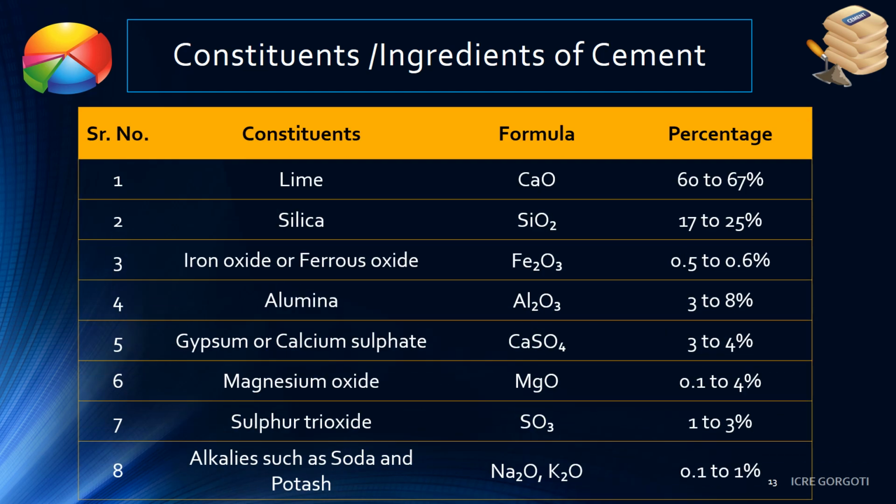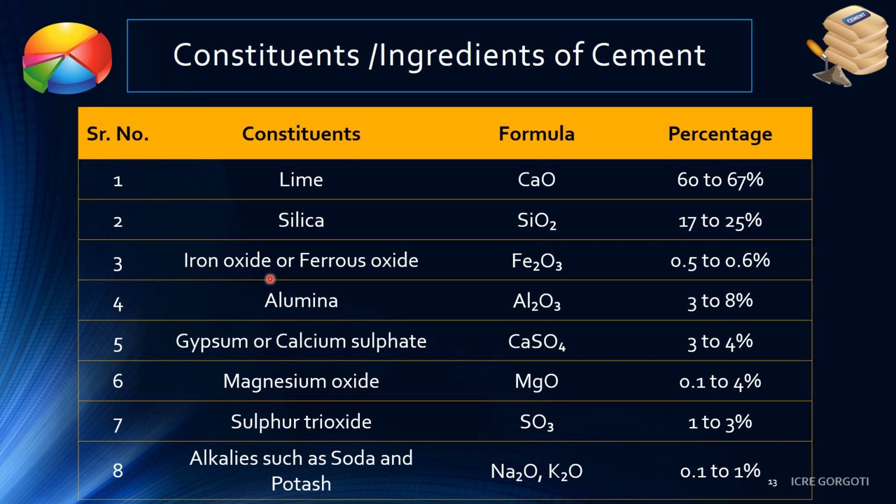First constituent is lime and its formula is CaO and its percentage in all ingredients is 60 to 67%. The second constituent is silica and its formula is SiO2 and its percentage is 17 to 25%.